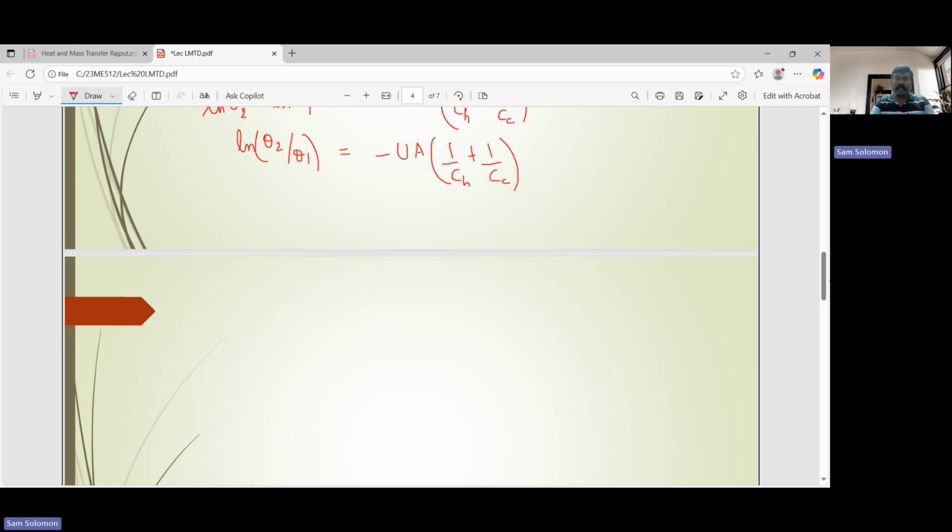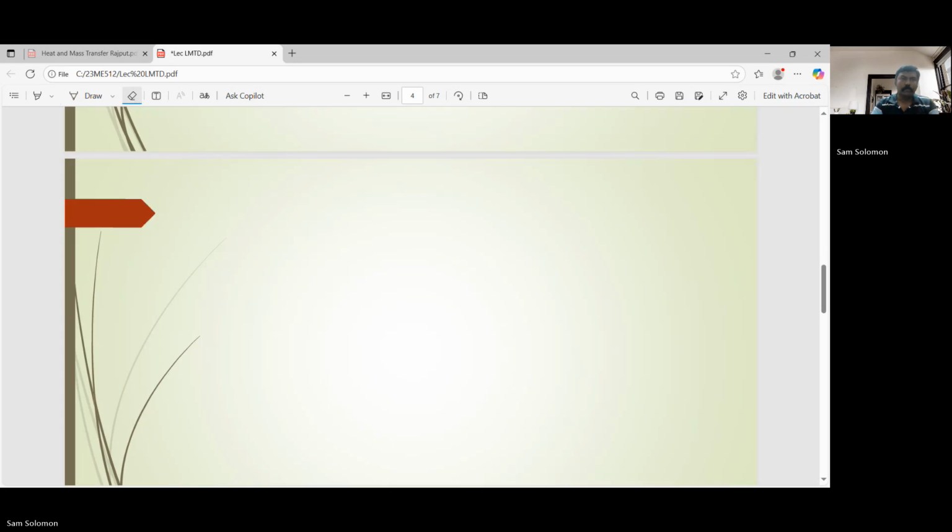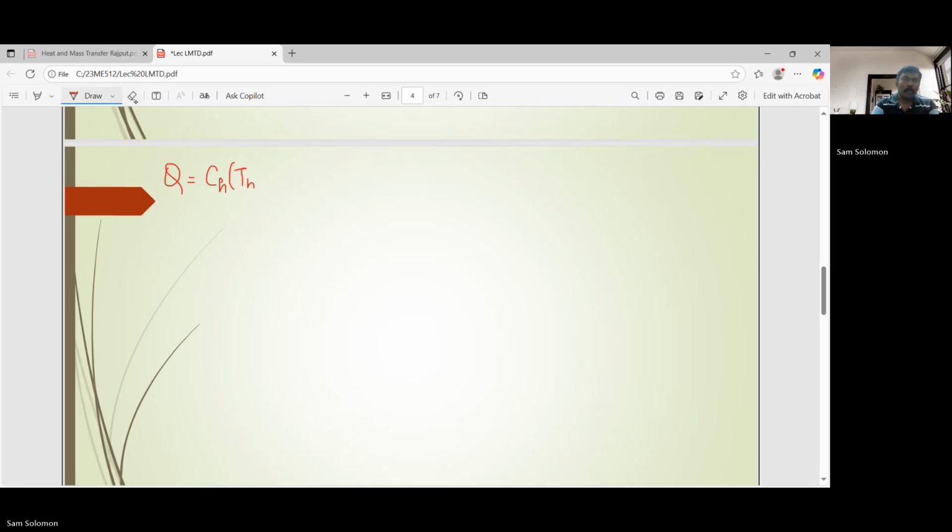This CH, let's substitute with something else. What we have already seen is your Q is equal to CH times TH1 minus TH2, and this is also equal to CC times TC2 minus TC1. So your CH can be written as Q by TH1 minus TH2, and your CC can be written as Q by TC2 minus TC1.